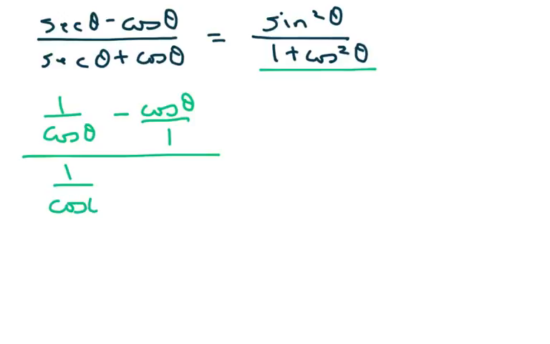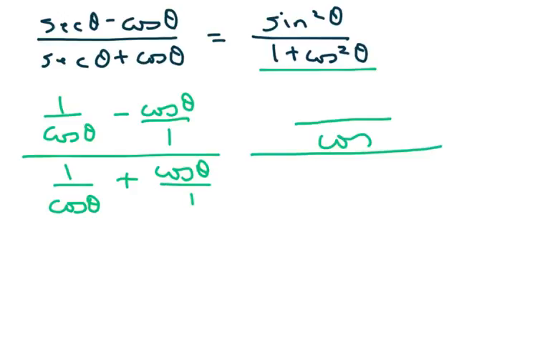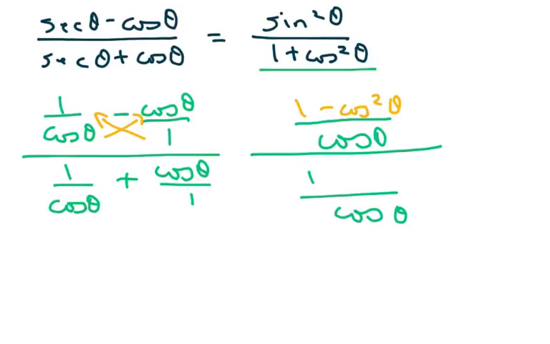The only difference between the numerator and the denominator is the plus and minus. Now my common denominator is cosine, and again, you're just crossing here. So that's going to be 1 minus cosine squared of theta. And in the denominator, we have cosine theta, and you just cross, and you get 1 plus cosine squared theta.